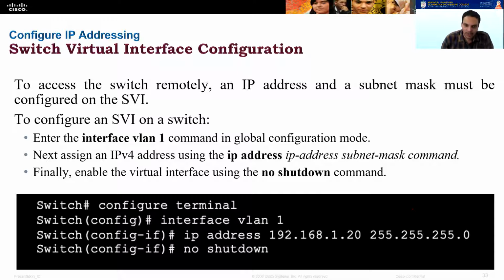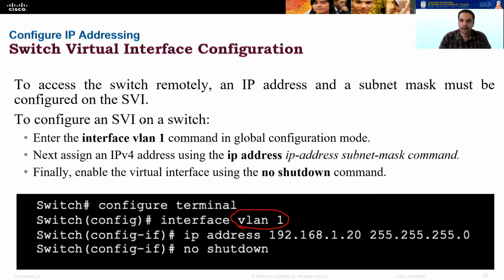And the default one, if you see here, is that the default SVI for any switch is VLAN 1. Once again, we will study virtual LANs, setting up virtual LANs, creating the VLANs, naming the VLANs, assigning the VLANs, all this in CCNA2. But in this particular module, please remember that the default SVI for any switch is VLAN 1.